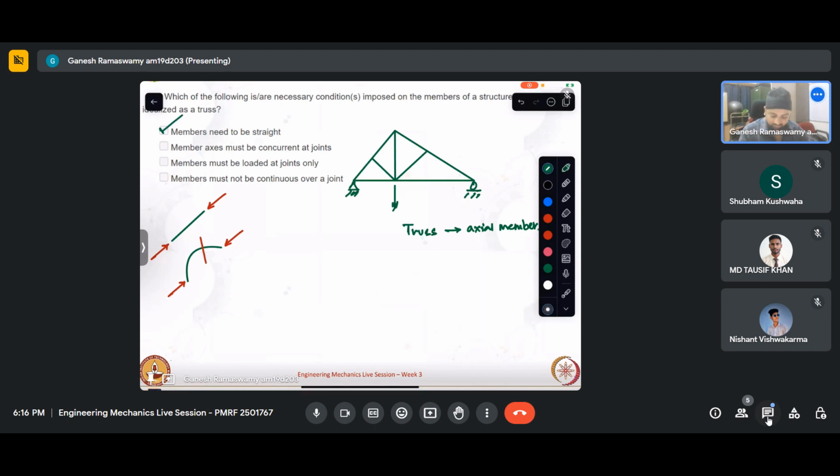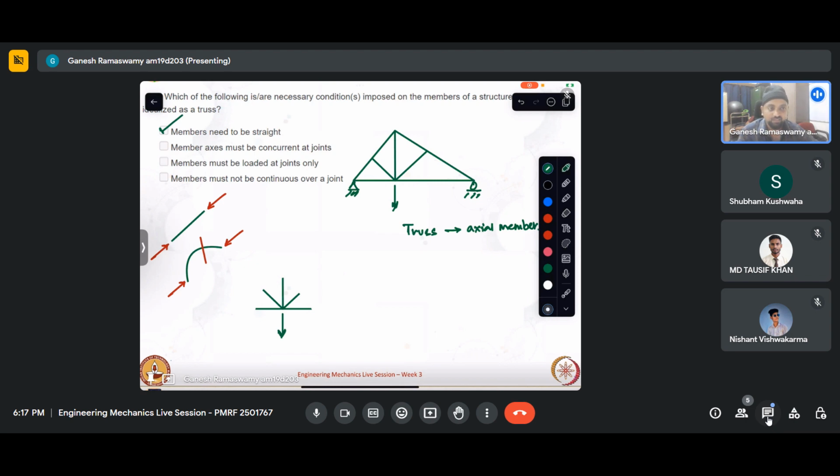Okay. Now, member axes must be concurrent at the joints. This is also discussed well in the lecture. For example, if I take this joint, and let us say I have applied some load. Now, if this is not a concurrent force system, essentially the resultant moment will not be zero.